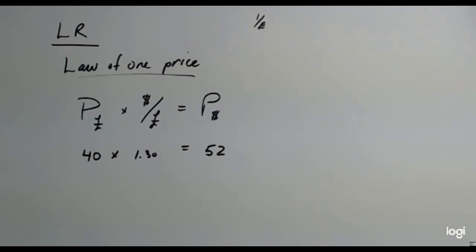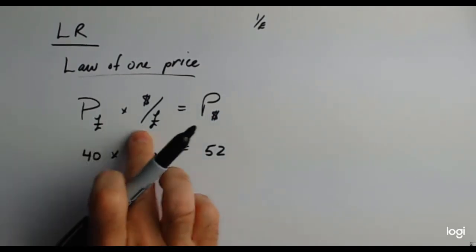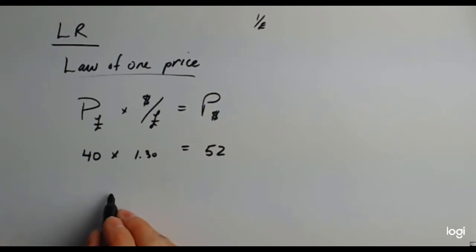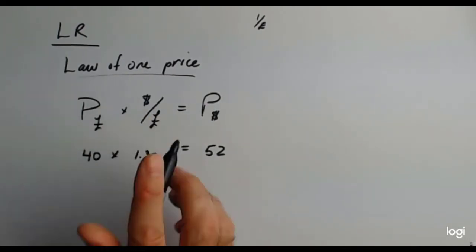That's the theory. Now, let's take that theory one more step, a big step. And let's take it and look at this law of one price for the entire economy, aggregated up. And so probably the best way to do that is let's start with this equation right here and say, look, we can rearrange this.